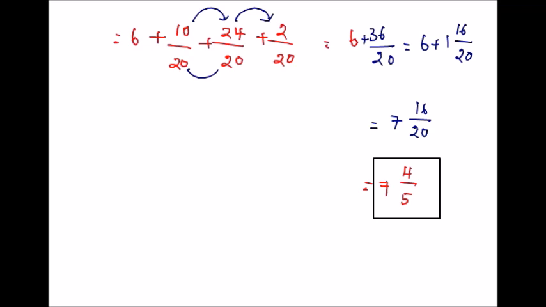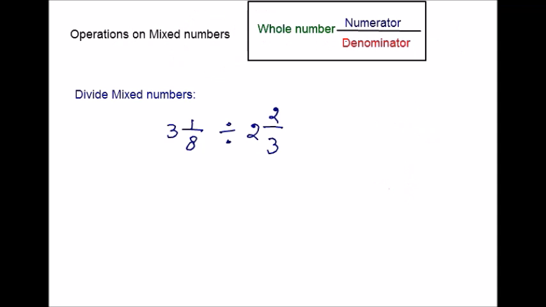Do you see the question for this example? Now let us convert this mixed number into improper fraction. First, 8 times 3 plus 1 by 8 could be written as 25 over 8. 3 times 2 plus 2 over 3 could be written as 8 over 3.